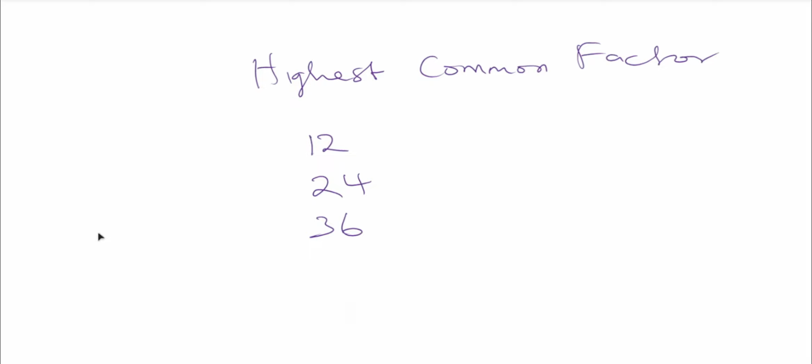But don't be surprised if you have 4 or 5 numbers and you are asked to find a common factor. The principle is the same, the procedure is the same. All you need to do is to start listing all the factors, not the prime factors necessarily, but all the factors.